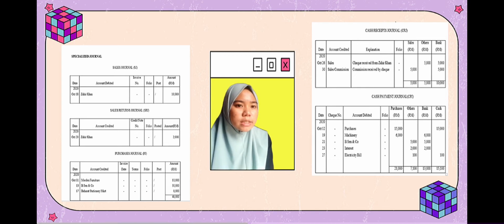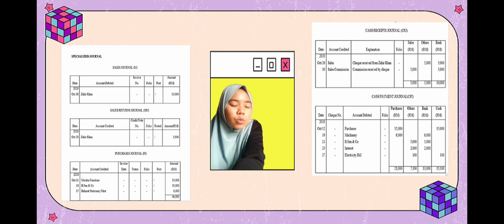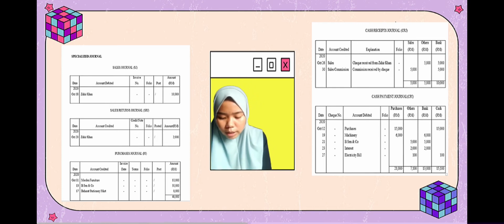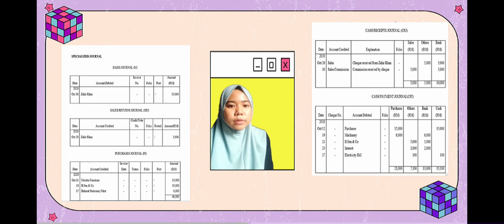For the cash receipt journal, dated 26 October 2020, account credit sale, check received from Zahir Khan, for others 500, from bank 500.